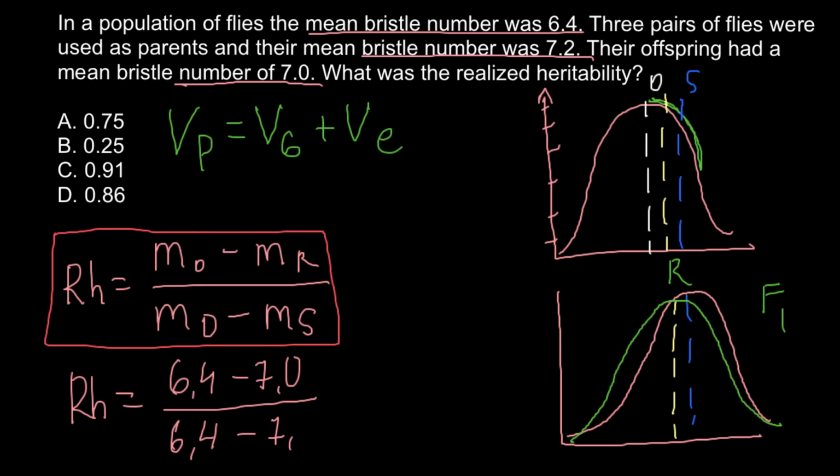So here on the top we have minus 0.6 divided by minus 0.8, and the answer is 0.75. And as you see, this is answer A.